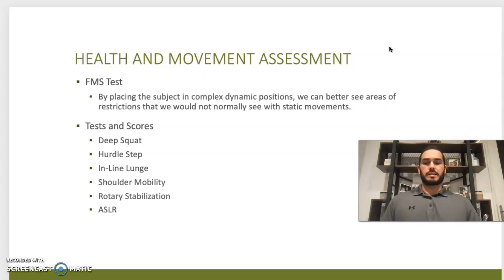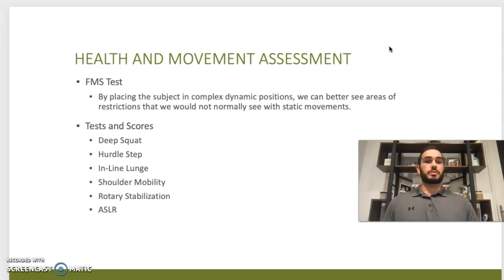Next one is the inline lunge. She scored a 2. I gave her a 2 because she had difficulty getting in line with her front and back lower extremities. She had some trunk flexion, which notes poor hip flexor mobility, range of motion and alignment. And she also had poor stability maintaining the alignment.